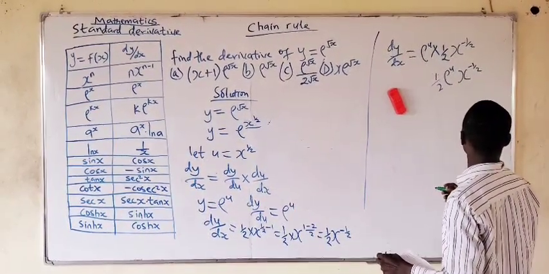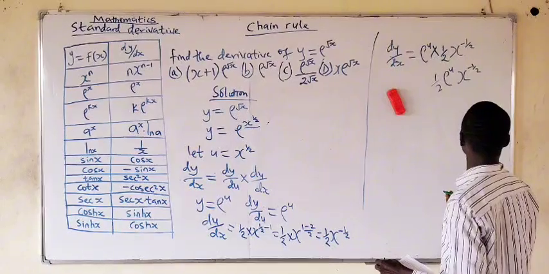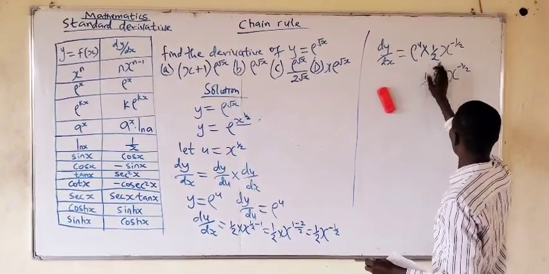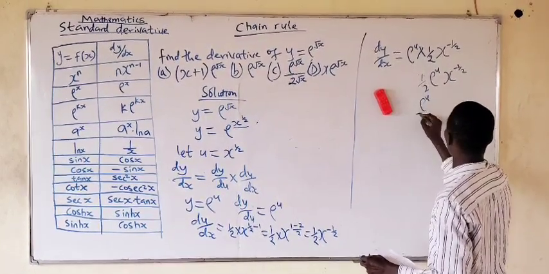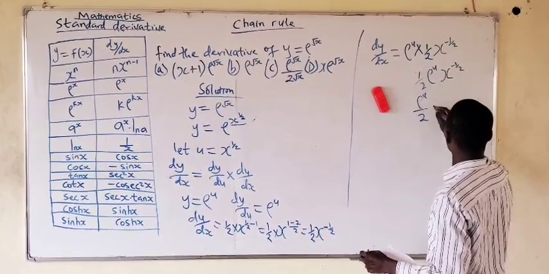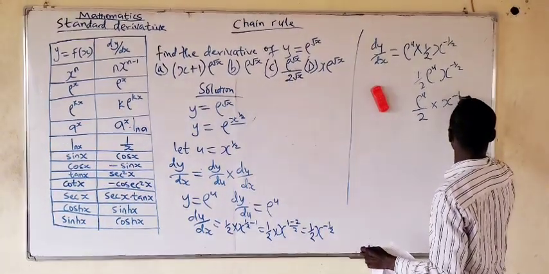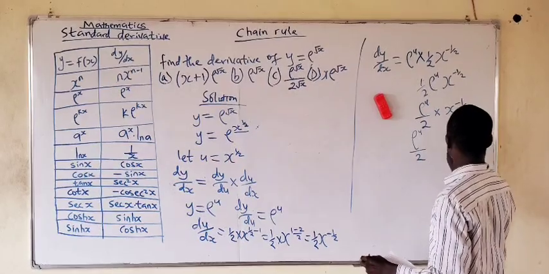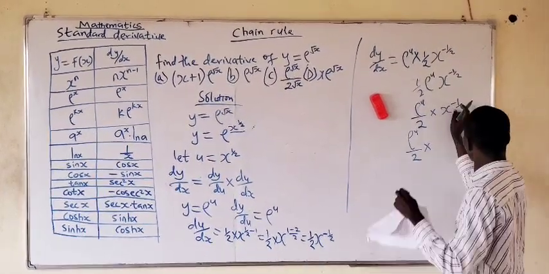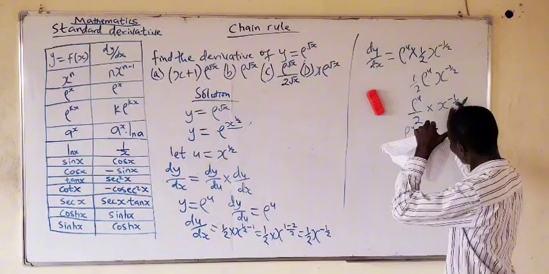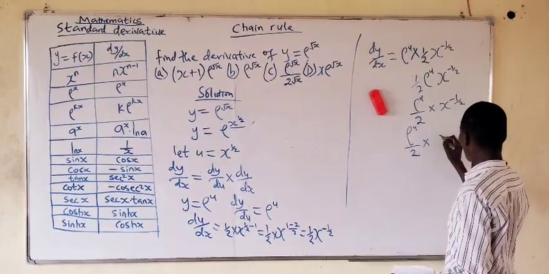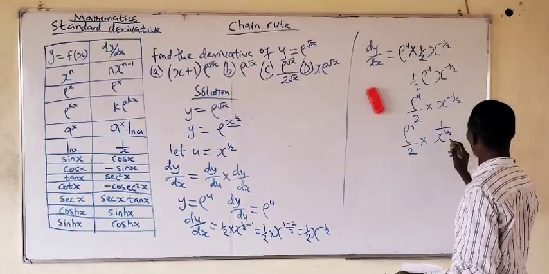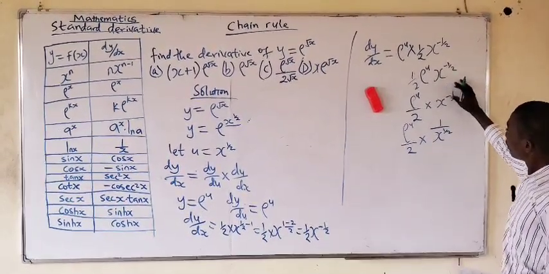We can also solve this as exponential u over 2 times x raised to the power minus 1 over 2. This can also be rewritten as 1 over x raised to the power of 1 over 2, according to the law of indices.